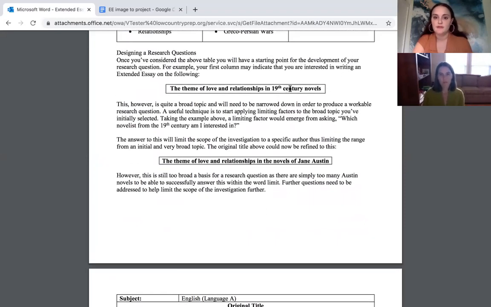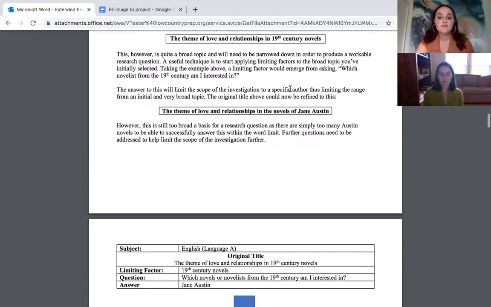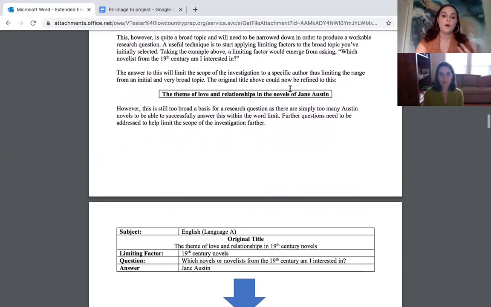So the limiting factor there might be, what novel? Well, Jane Austen. Okay, so then you might even hone it down even more from Jane Austen. What specific novel, or what type of relationships? Is it marriage? Is it family? Is it familial? So again, you're identifying all of these limiting factors until it brings you down to this really specific research question.